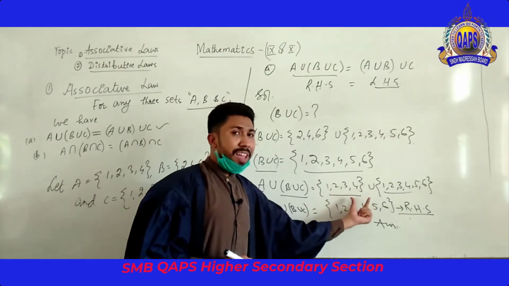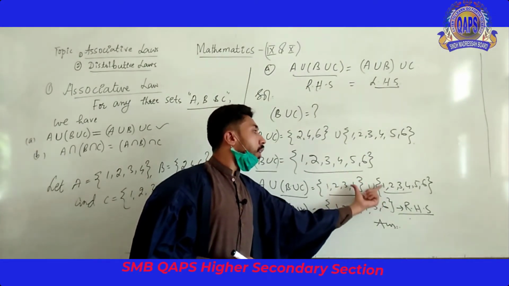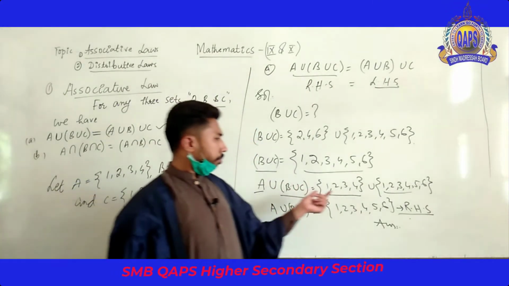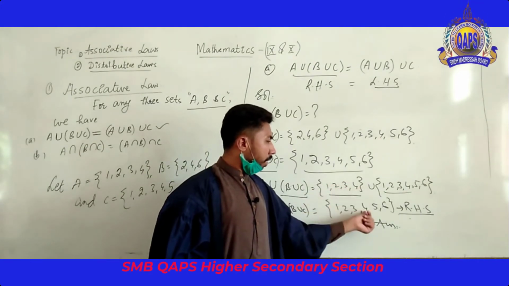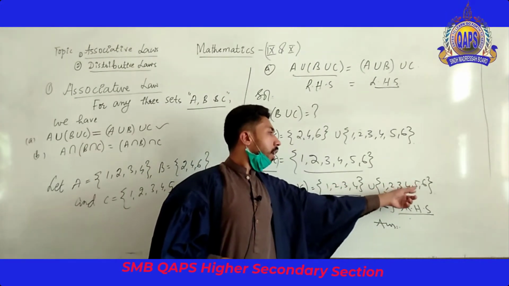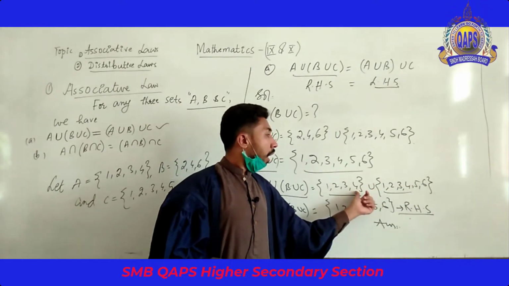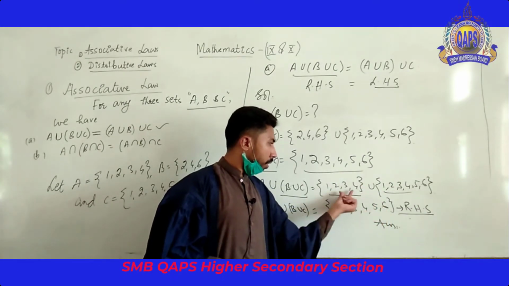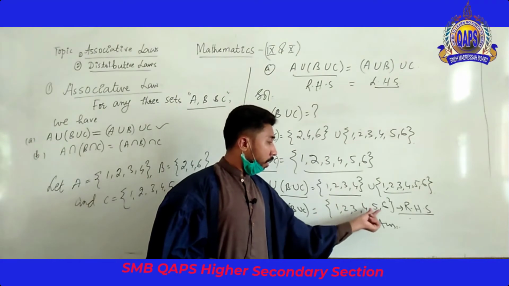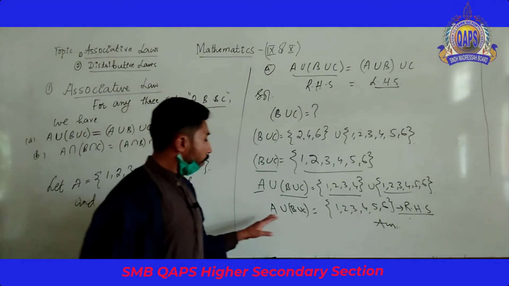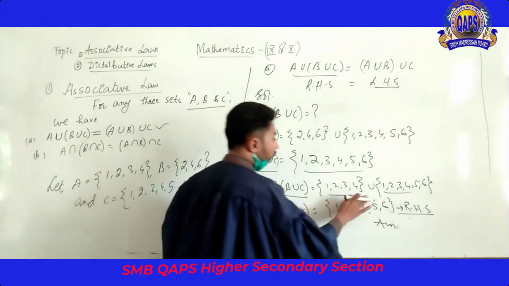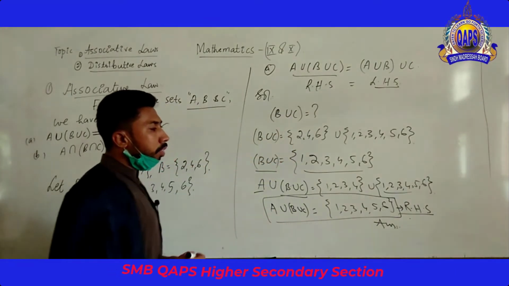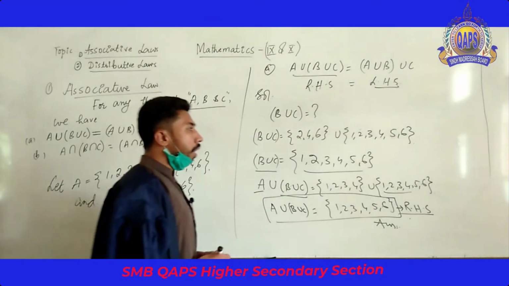In union we write these elements in combined form, where repetition is not allowed. So 1 to 4 elements are written and the repeated 1 to 4 elements are eliminated, and 5 and 6 are not present in A, so they are added from the combined set. So our right hand side answer contains this set: A union B union C contains 1 to 6 elements.